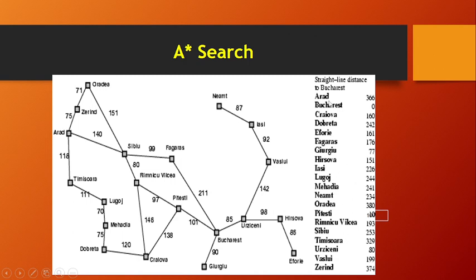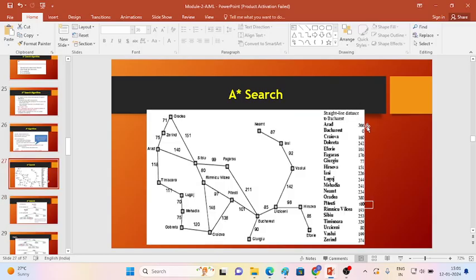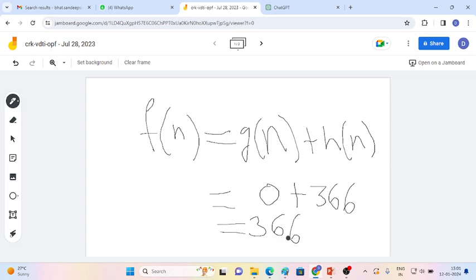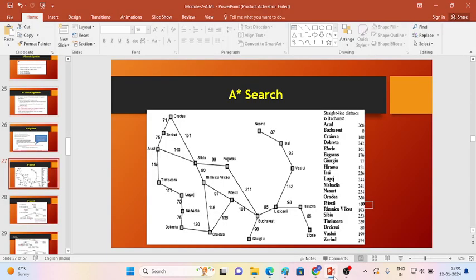For Arad, the heuristic value is 366. So in the equation f of n equals g of n plus h of n, g of n is 0 since it is the initial city, plus 366, that equals 366.